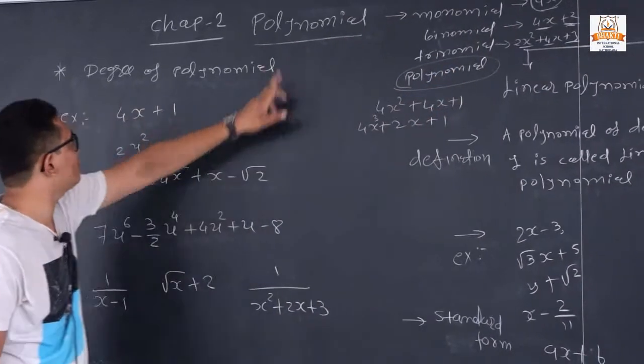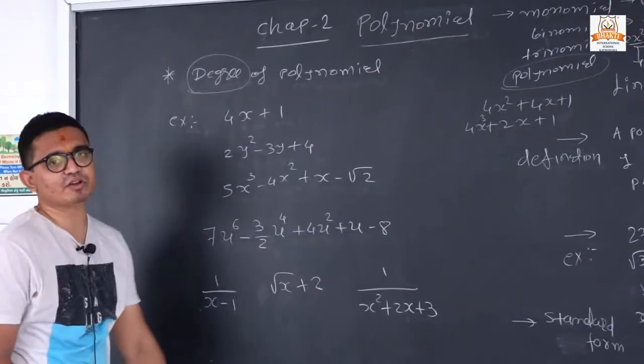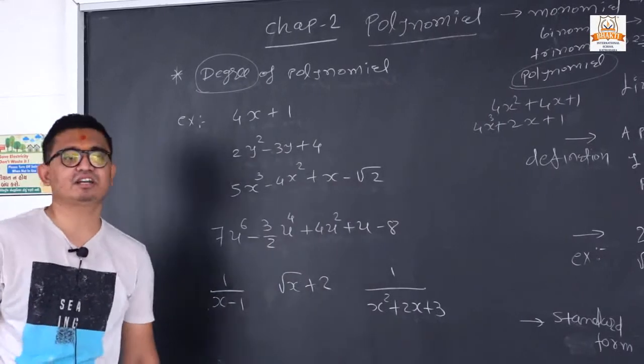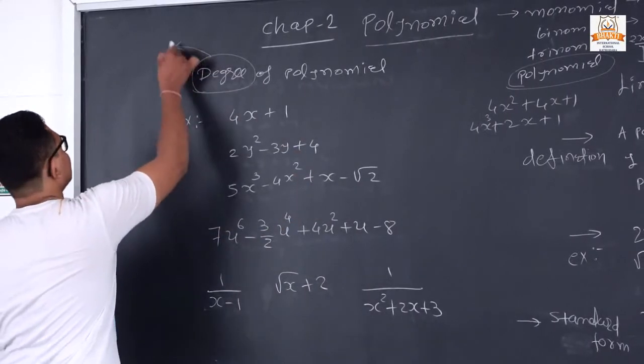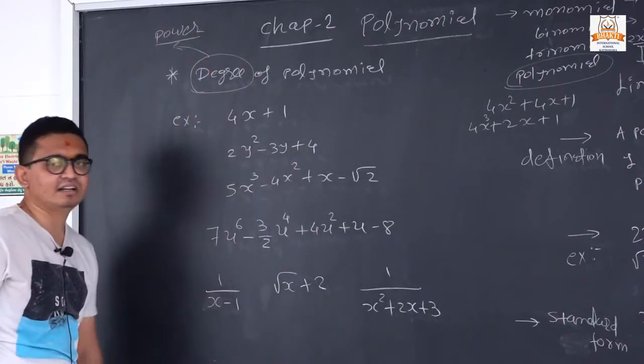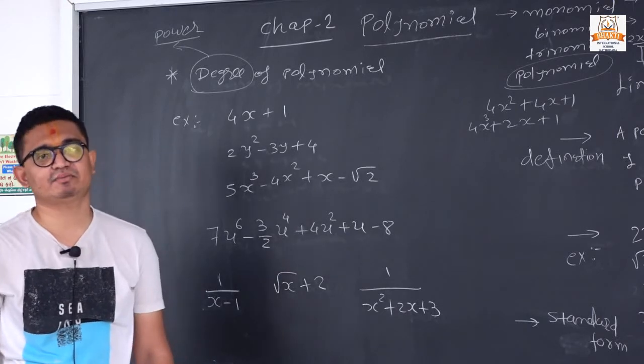Now the next topic is degree. The second topic of our chapter is degree. Degree means what? Degree means power. Clear? Degree means the power of an algebraic expression.